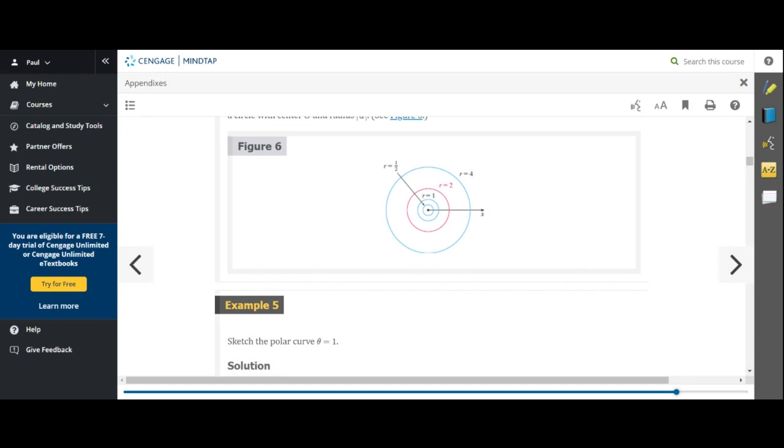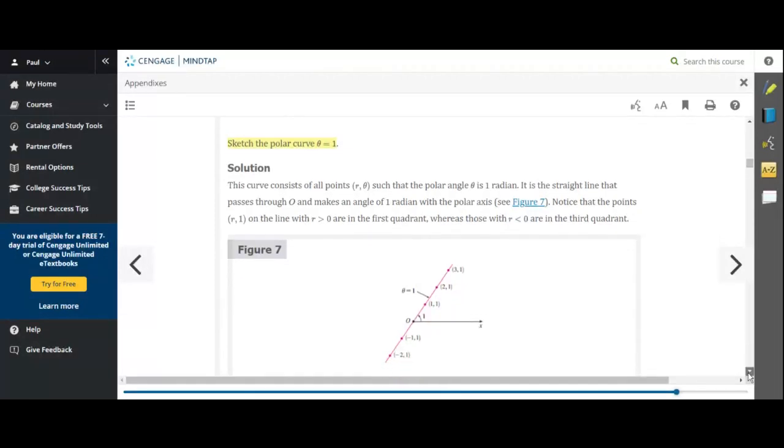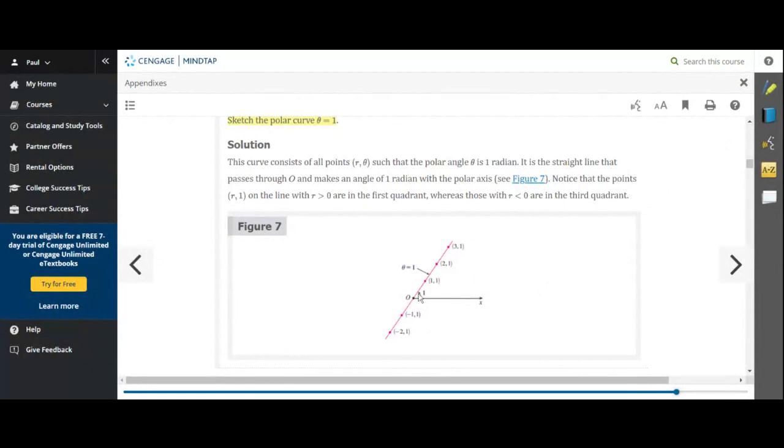So, okay, let's continue on. In example 5, we want to sketch the polar curve theta equals 1. You're not given any information on the radius. The radius could be any value, but all polar coordinates have to have an angle of 1. So theta equals 1 in radian mode is in the first quadrant, because if theta were equal to 90 degrees, you'd be on the y-axis.